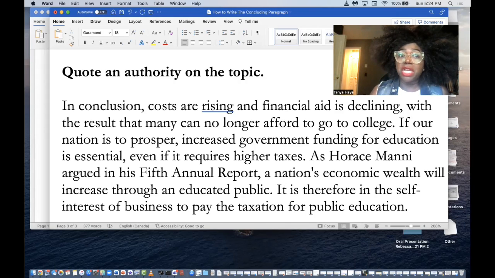If our nation is to prosper, increased government funding for education is essential, even if it requires higher taxes. As Horace Mann argued in his 5th annual report, a nation's economic wealth will increase through an educated public. It is therefore in the self-interest of business to pay the taxation for public education.